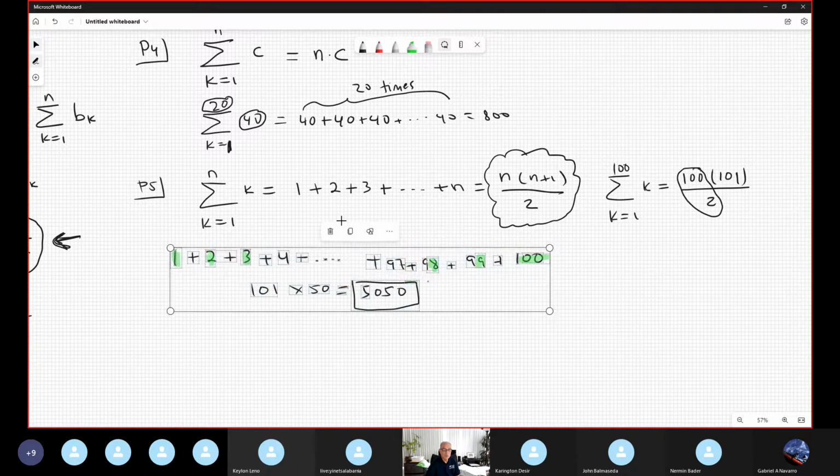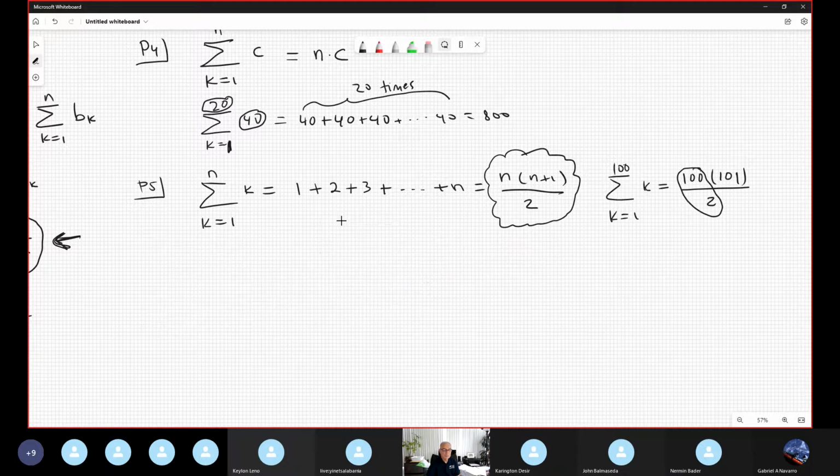Okay, property number 6. Summation from k equal 1 to n of k squared.